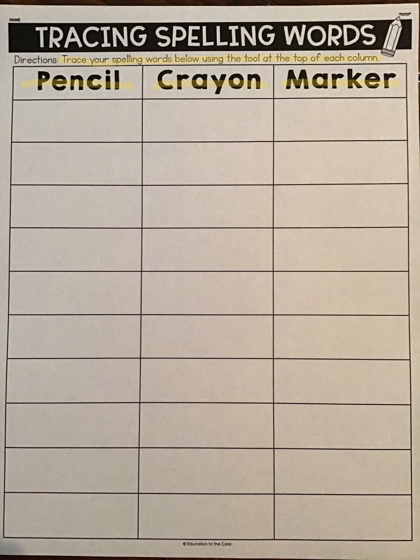B-ow. Brown. And boys and girls, I want you to underline the vowel team today. Then with our crayon, please write brown again. B-ow.